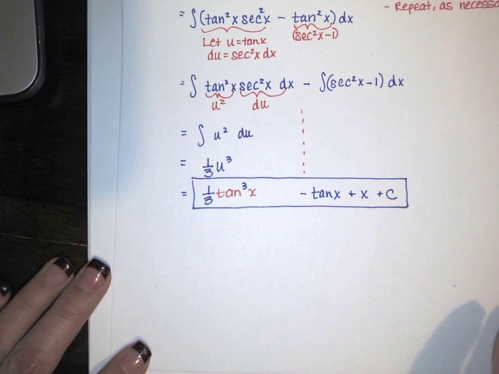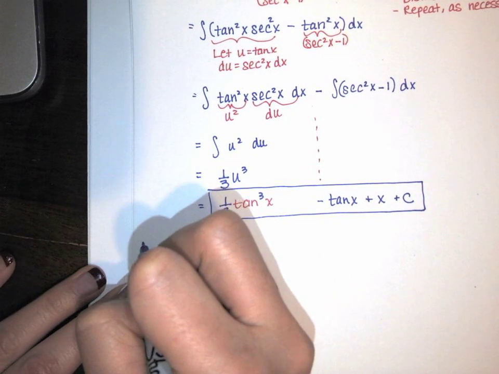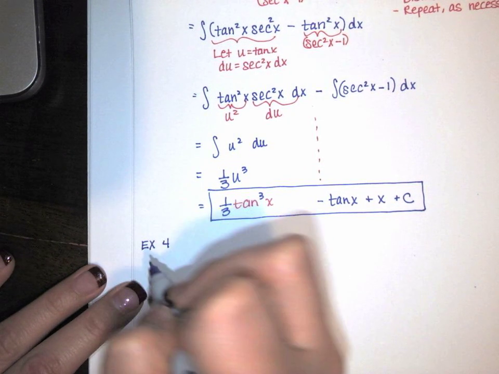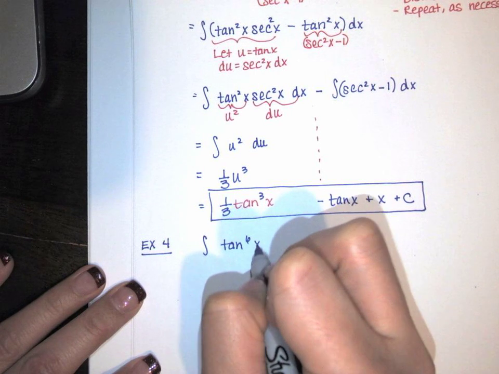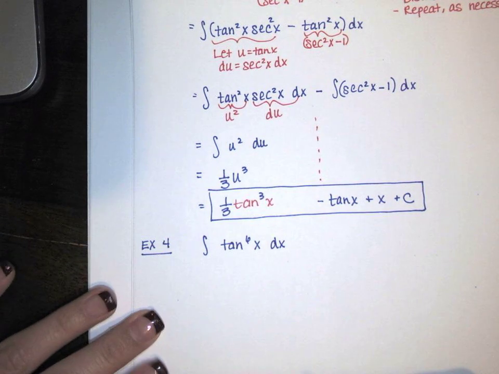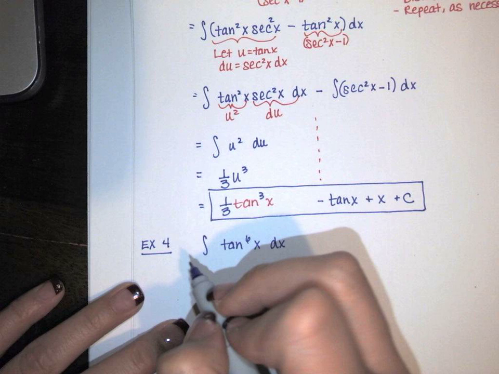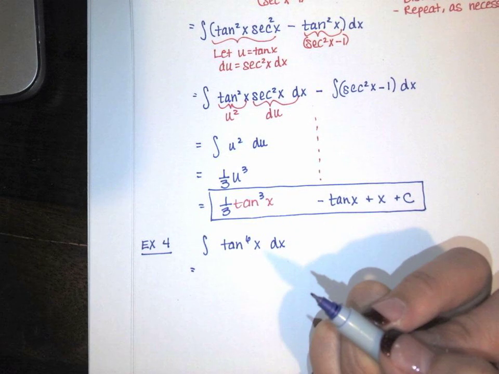Now we did tangent squared, we did tangent to the fourth, and I want to do one more. Let's do tangent to the sixth. And again, I'm just going to make my angle x instead of kx to simplify things for us. I just want you to see how this process works.